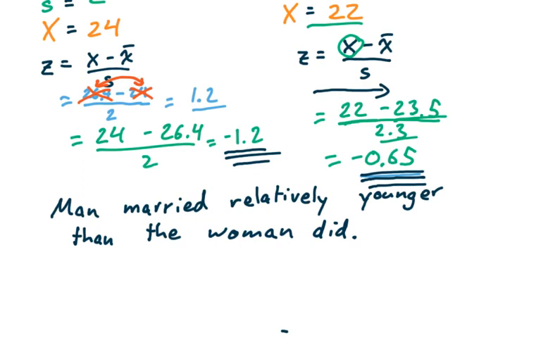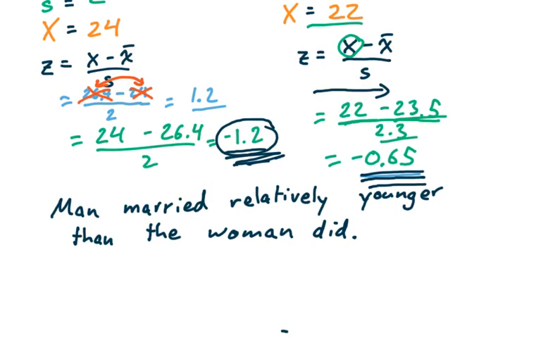But the man, his z-score was lower, and so he was younger than the woman, comparatively speaking. So the man married young, the woman also married young, relatively speaking, but the man married at a younger age with respect to the average age for men and their standard deviation than did the woman. Because his z-score was lower, that's what we can say about this.